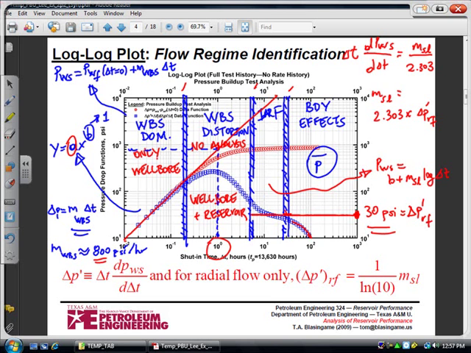And then you need to show where your radial flow regime is and where your wellbore storage is. And then you proceed to find the values for the wellbore storage coefficient, permeability, skin factor, and average reservoir pressure if applicable.